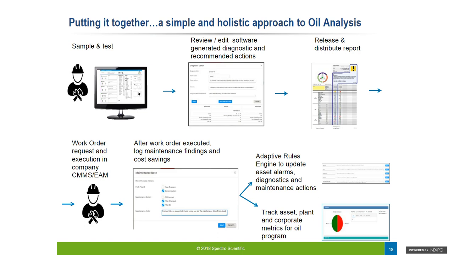The user would then review the measurement results, and if they want, they would also then review the software-generated diagnostics and recommended actions, can then accept them or reject them, or type in manually what their own diagnostics and recommended actions are. Once you're satisfied with that aspect, you can then release and distribute the report. You can set up, even by individual asset, who's on an email distribution list for reports as they're distributed.